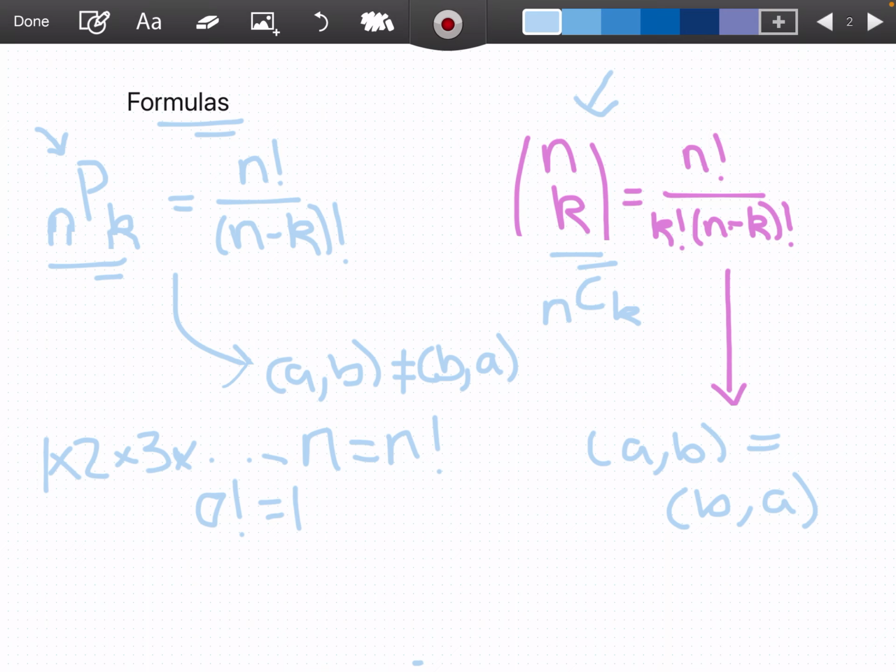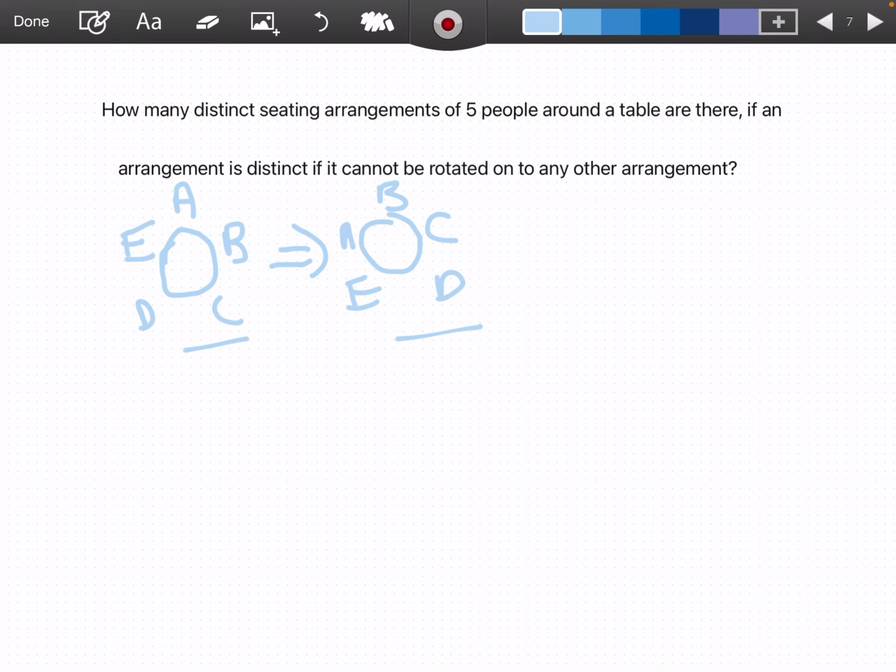So basically what this problem is saying is that if you have this table and you have 5 people, A, B, C, D, and E, that are all seated around this table, we could rotate this table just a bit and we could get B, C, D, E, and A seated around the table. But this arrangement will actually be the same as the first arrangement because we're just rotating it and each one has the same people on the right and the left.